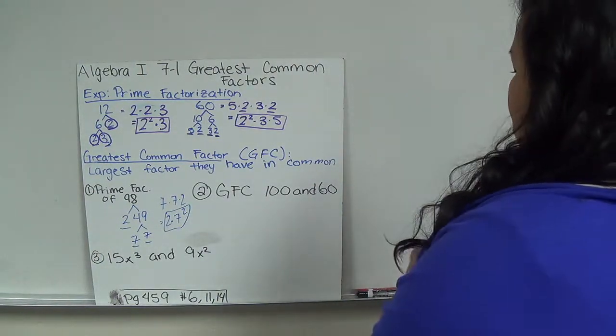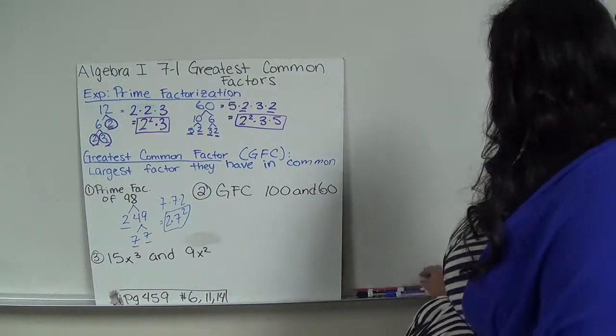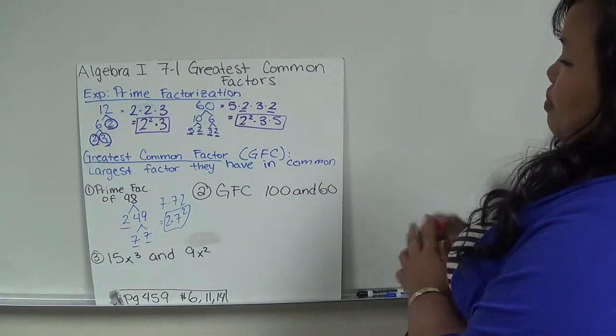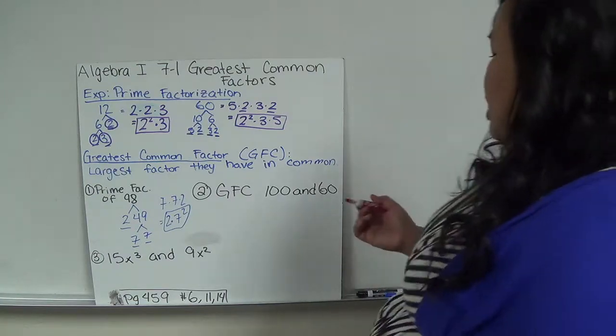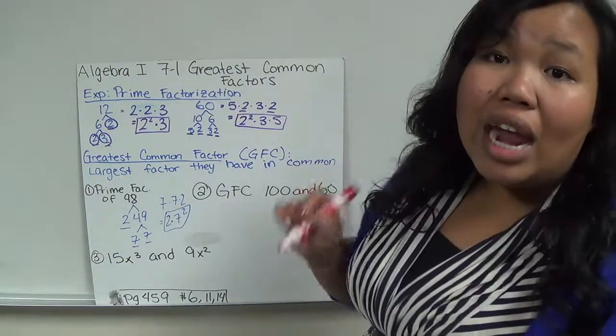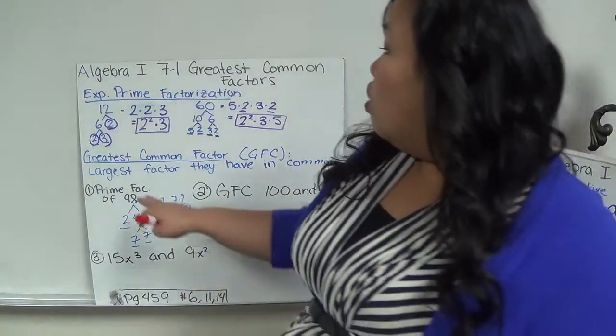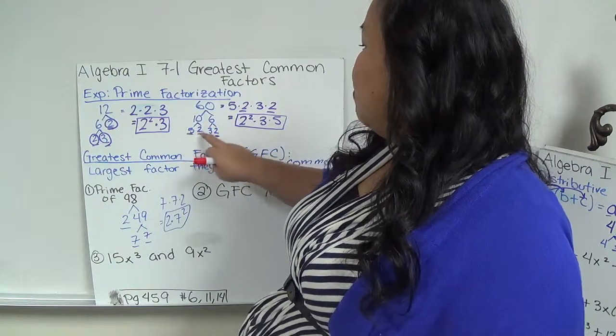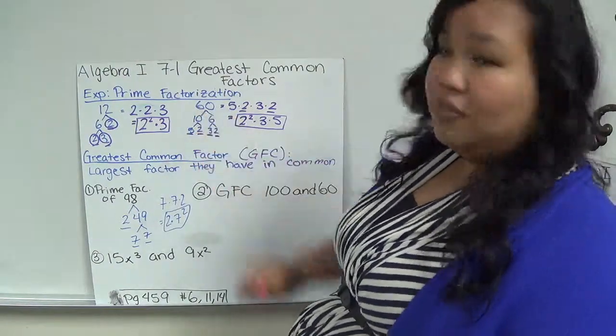Now I'm going to do the same thing with 100 and 60. The greatest common factor, again, does not have to be a prime number. So these all become factors: 10, 6, 5, 2, 3, and 2 are all factors of 60.